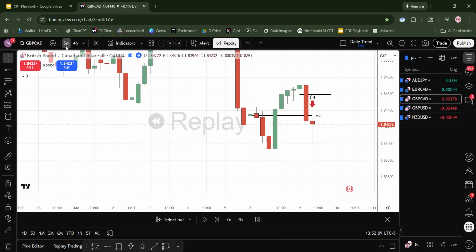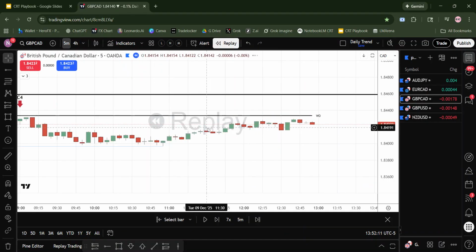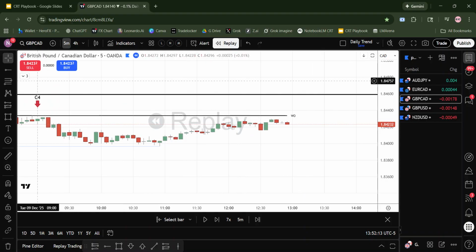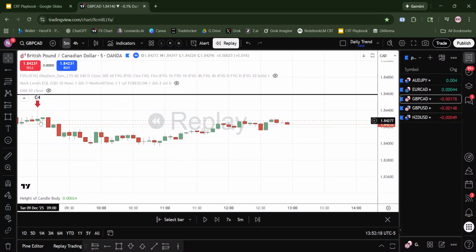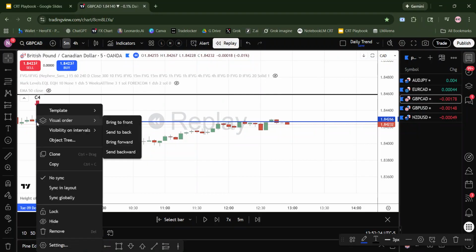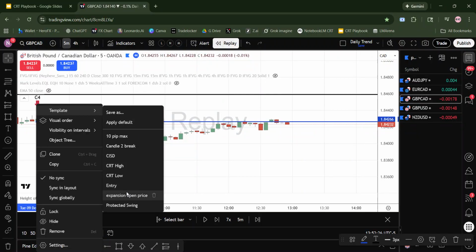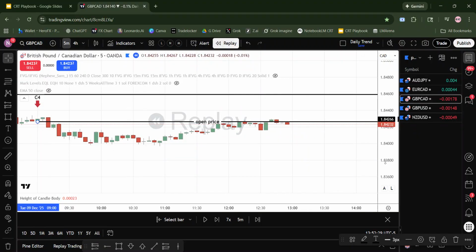Here, we'll go down to the 5-minute. And that was at, I believe, 9 o'clock. So this was the open. Looks like it didn't go down all that much.